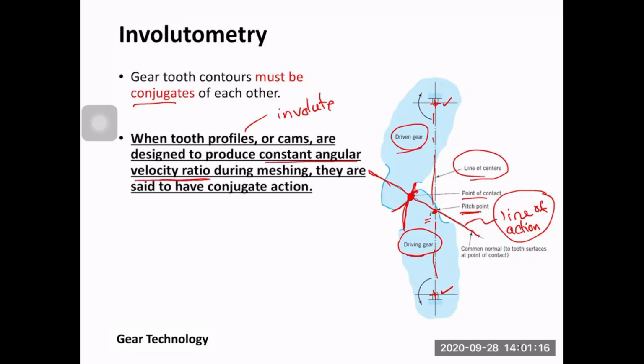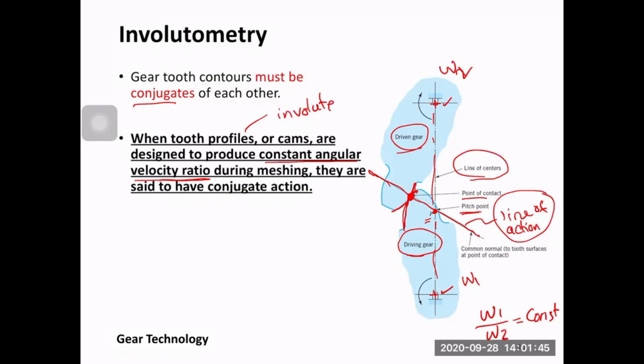If the driving gear rotates with omega 1, for example, and the driven gear with omega 2, you want the ratio omega 1 over omega 2 to be constant all the time, regardless of where the point of contact is. So you have to have a specific profile for the tooth of the gear.